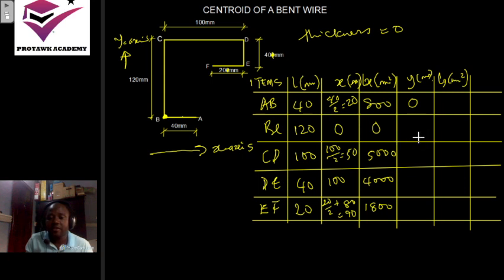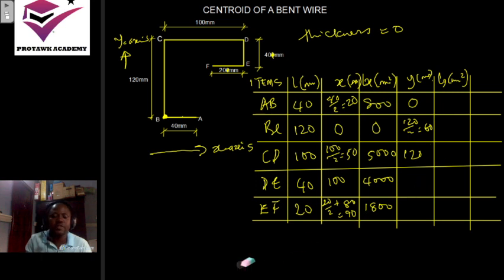We consider the second member, BC. Its distance will be half of 120, which is 60. The next one is CD. Its perpendicular distance will be the whole of this distance, so it's going to be 120, not 1,200.